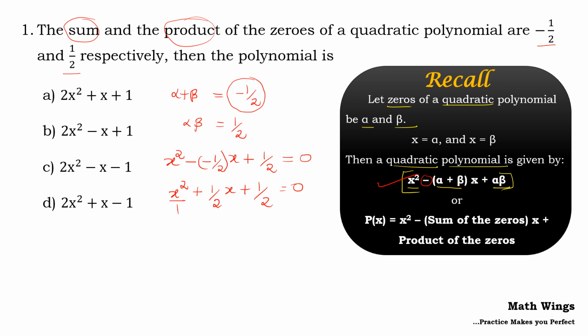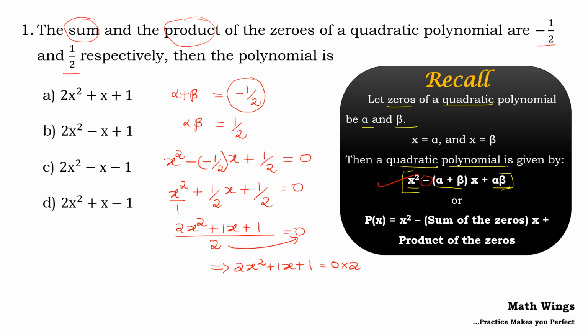So, when we take the LCM here, this can be rewritten as 2 in the denominator, and in the numerator it becomes 2x squared plus 1x plus 1, that is equal to 0 into 2.